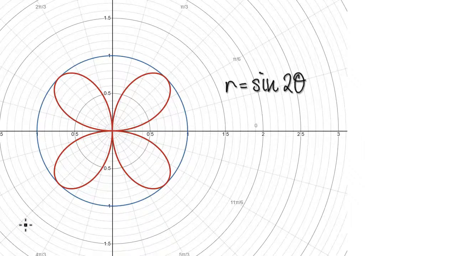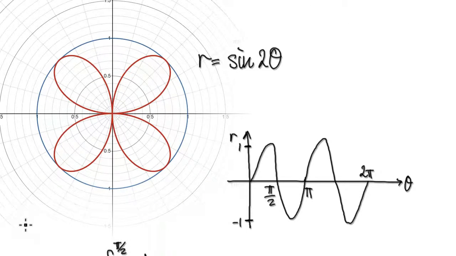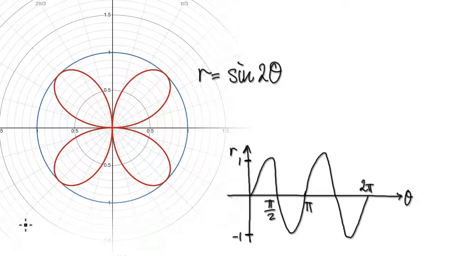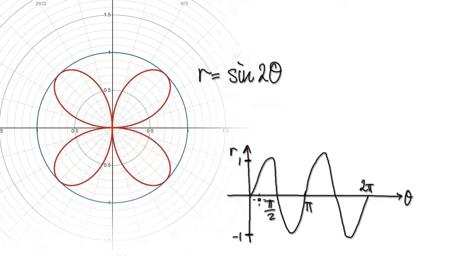Okay, so to do this, let's try and understand what's going on first. If you just draw this graph here, r, the radius, and theta, because of this 2, you're going to have 2 cycles. So normally your sine graph looks like this with 1 cycle, but because of this 2 here, you're going to have 2 cycles.